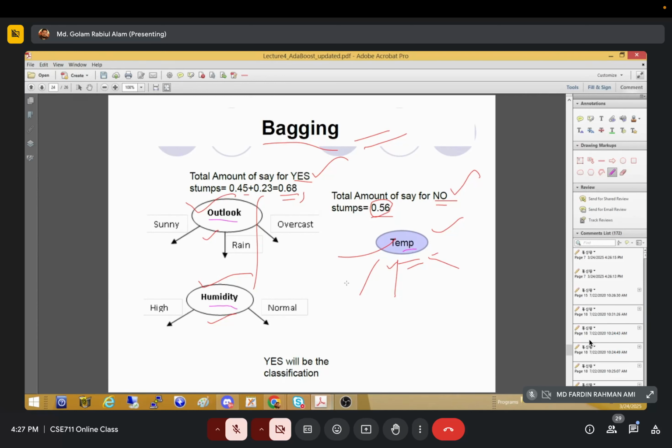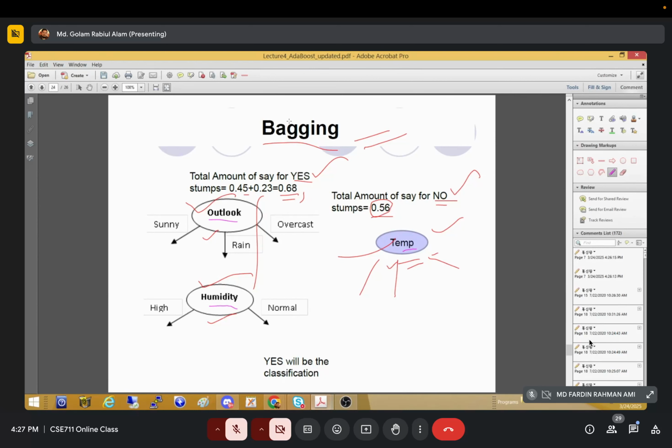Okay, these are the stumps. And then utilizing those stumps, we finally decided the class labels of unknown, that is unseen instances.